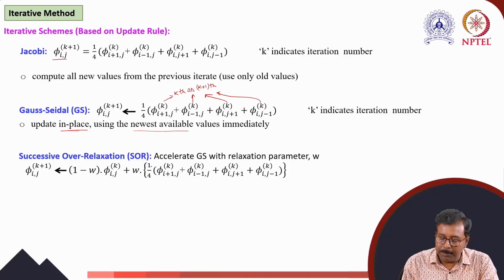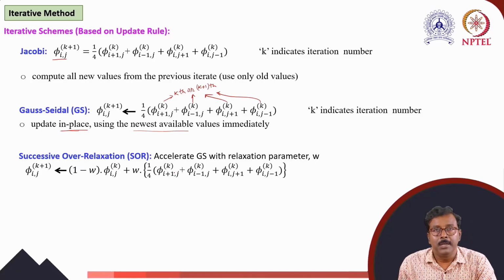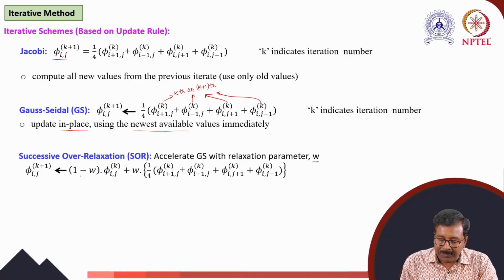And the successive over relaxation, SOR method, basically accelerates the Gauss-Seidel method with a relaxation parameter, say W. So phi ij at k plus 1 iteration is computed with a factor 1 minus W times phi ij at k, plus W times the other values from the previous iteration.